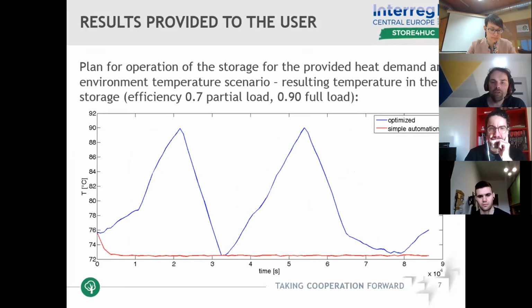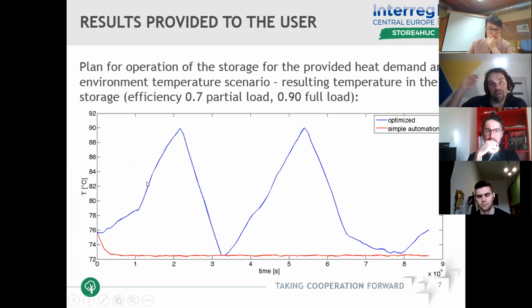Before I show you the performance, here it's just shown how this equivalent temperature in the storage changes for the case of this optimized operation. And this is the blue line. You see that you have several, let's say, trips to higher temperatures in the storage.